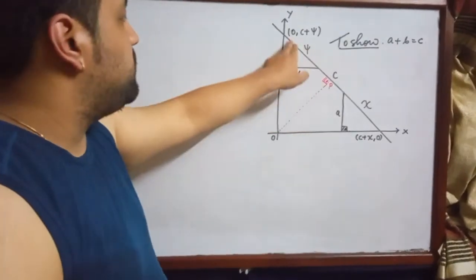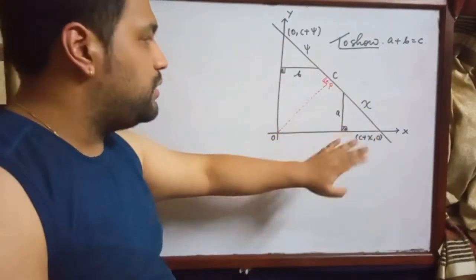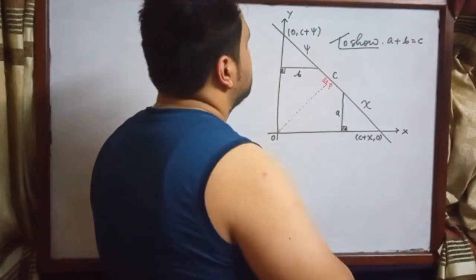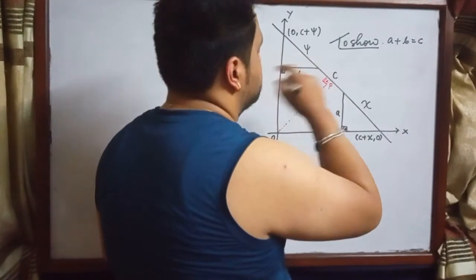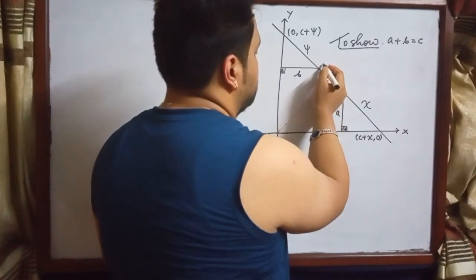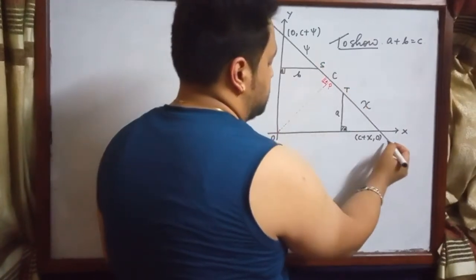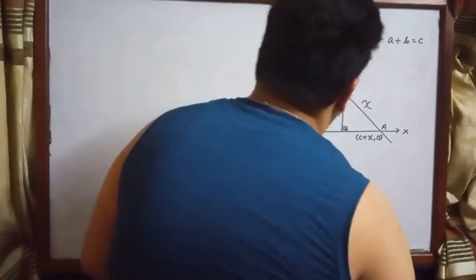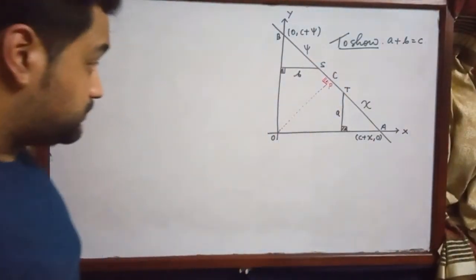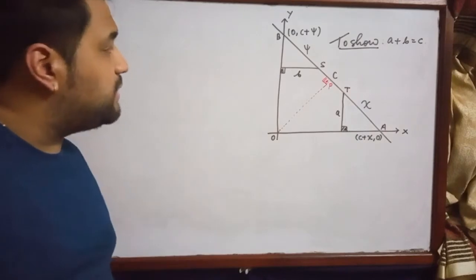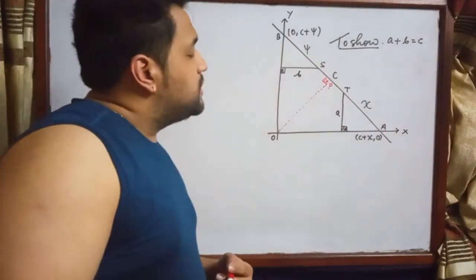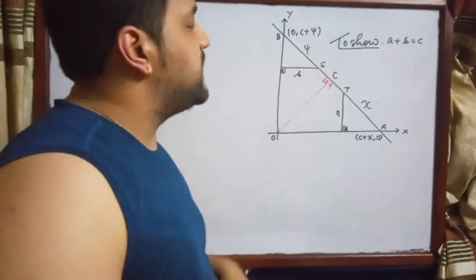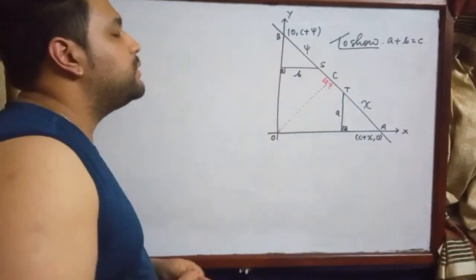This point P should not be anywhere outside, it must be between the points. Let's call them S and T. This is A, and this is B. Let's name them like this, and OP will be between S and T. I've already discussed this in the previous video.